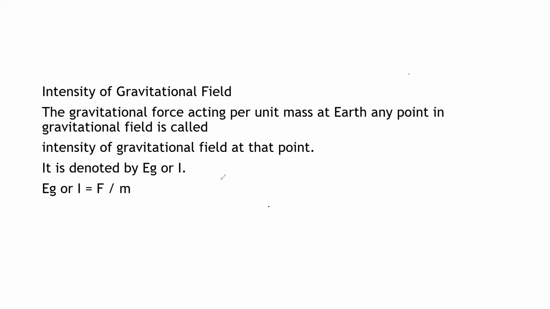Force per unit mass is taken as the intensity of gravitational field. We can define it as the force acting per unit mass at any point in the gravitational field.